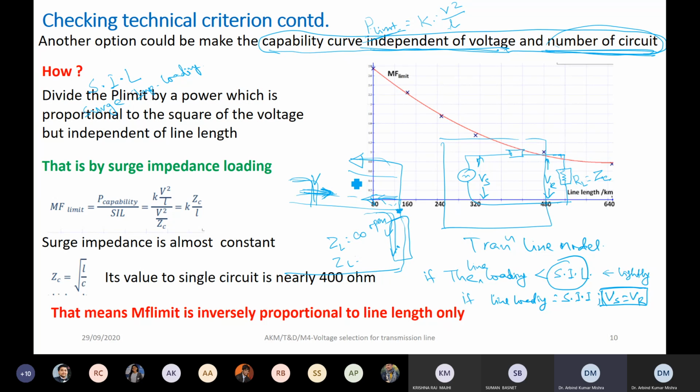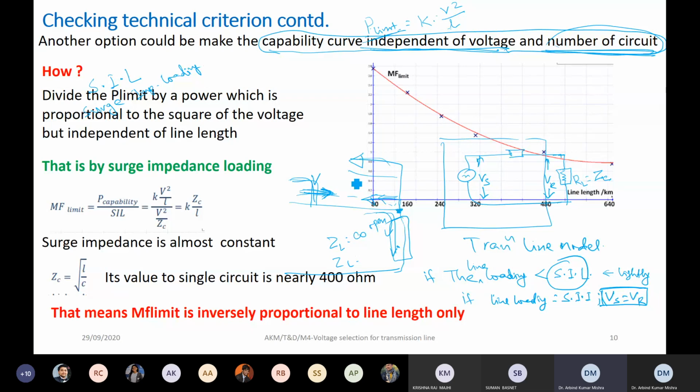And previously you had seen that you may require the capability curve for each and every voltage level and each number of circuits. But now a single capability curve can give the limiting value of power transfer limit.